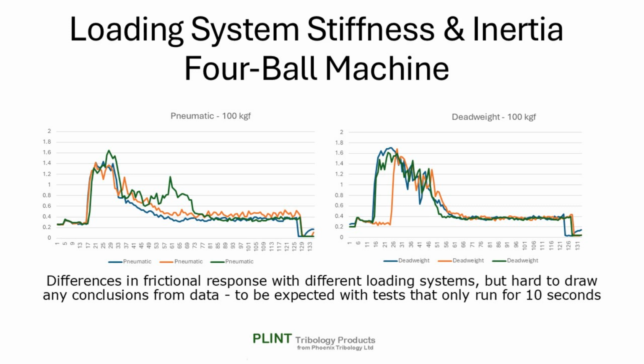Although there were differences in frictional response with the different loading systems, it's hard to draw any firm conclusions from the data. This is perhaps to be expected with a relatively severe test procedure that only runs for 10 seconds.